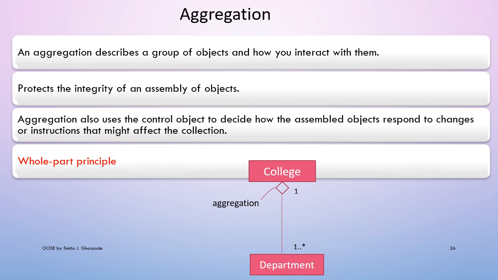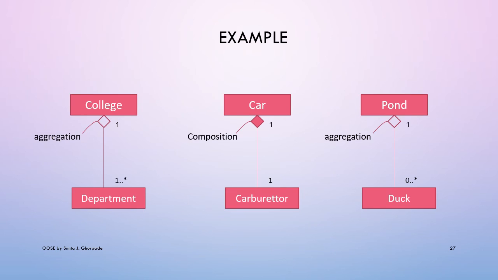It is denoted by a diamond symbol. College and department: these are the two classes. One college has one or many departments. Now some examples of aggregation.